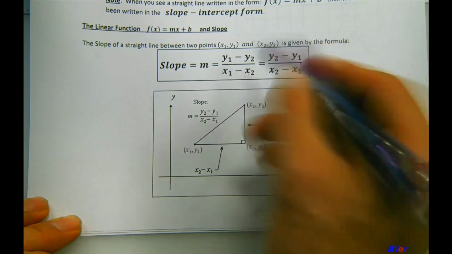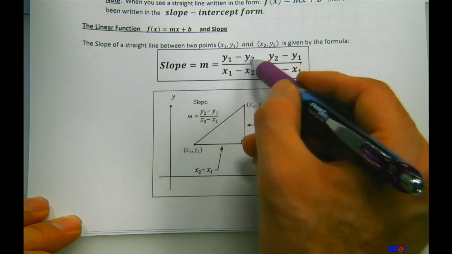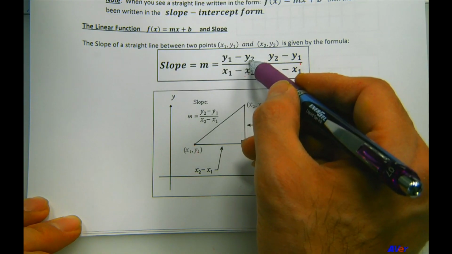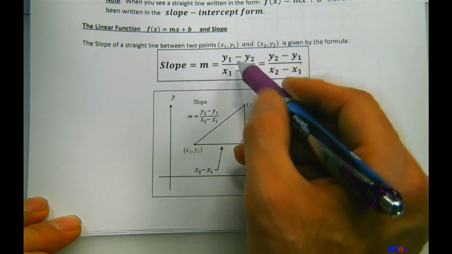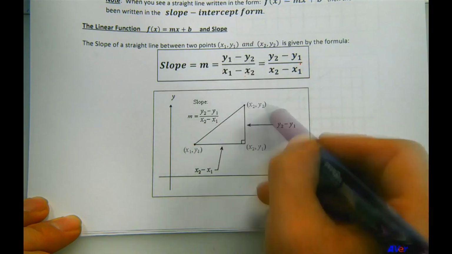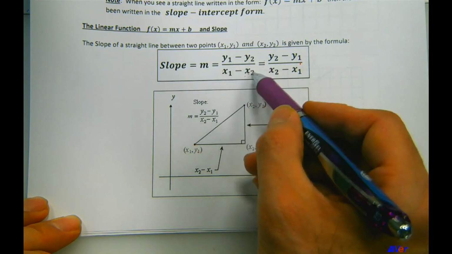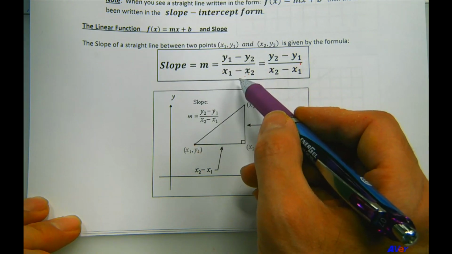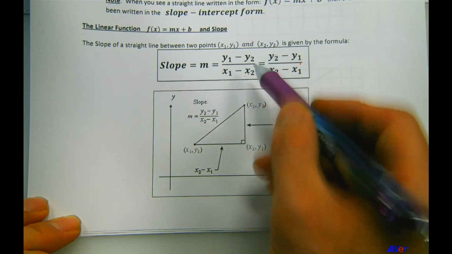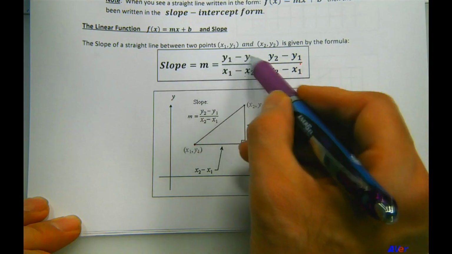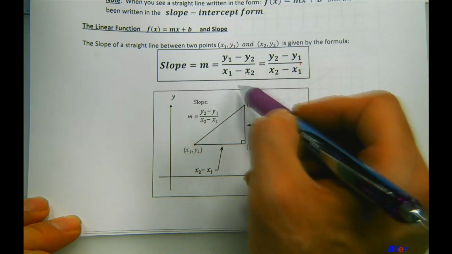But as soon as you decide on the order of subtraction in the numerator, then you do not have an option for the order of subtraction in the denominator. If you picked y1 minus y2, then you should also say x1 minus x2. So the order of subtraction must stay the same in the numerator and the denominator. You cannot say, for example, y1 minus y2 in the numerator and then x2 minus x1 in the denominator.